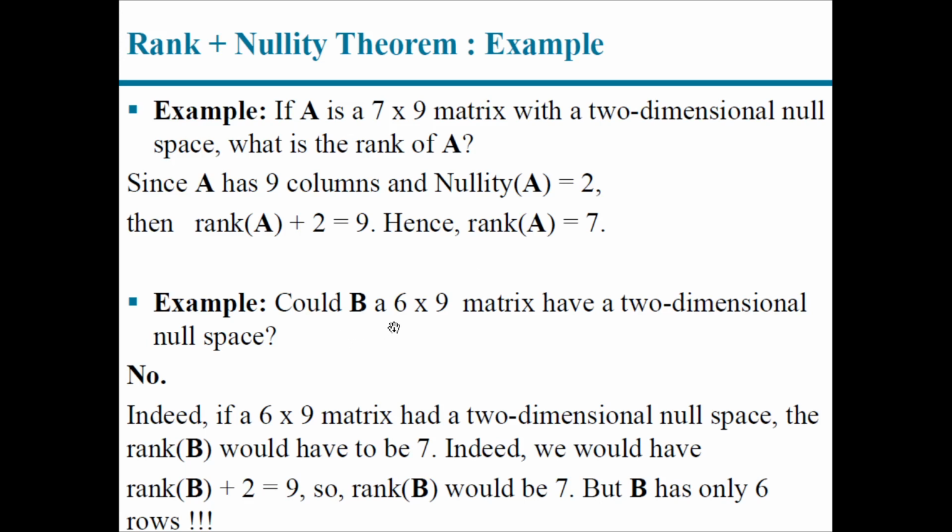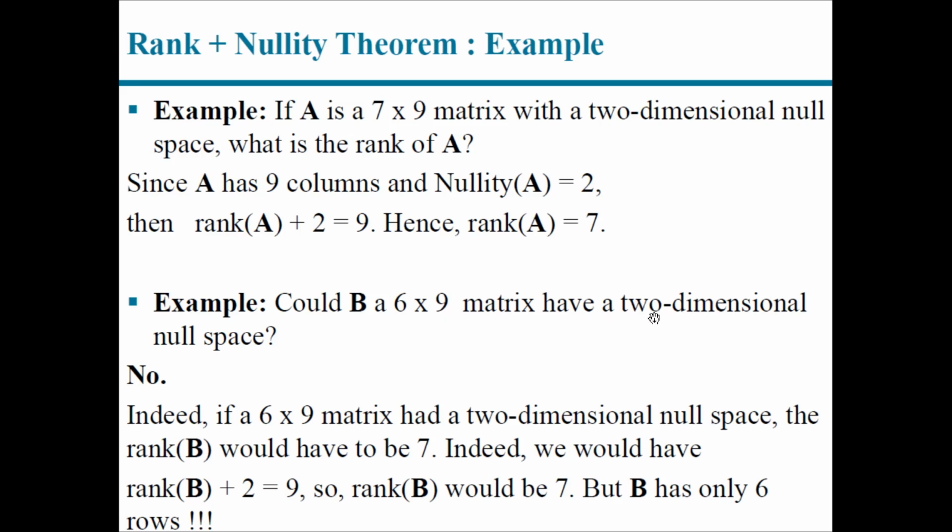Another question, if I have a 6 by 9 matrix, okay, so that means I have 9 columns or 9 variables if you wish. Could a 6 by 9 matrix have a two-dimensional null space? Two-dimensional null space means that nullity is 2, the dimension of the null space is 2. But we remember that rank plus nullity is equal to 9.